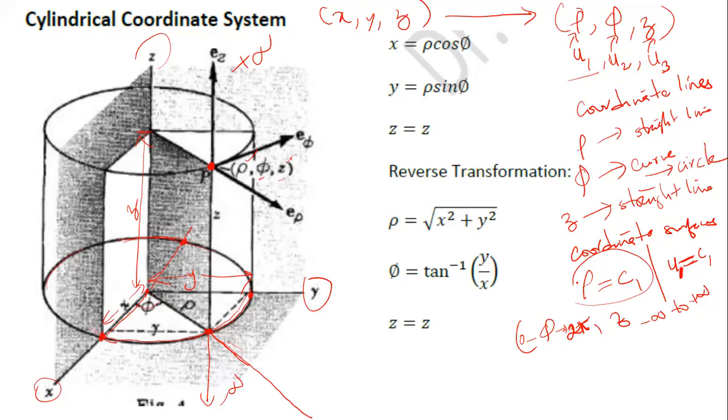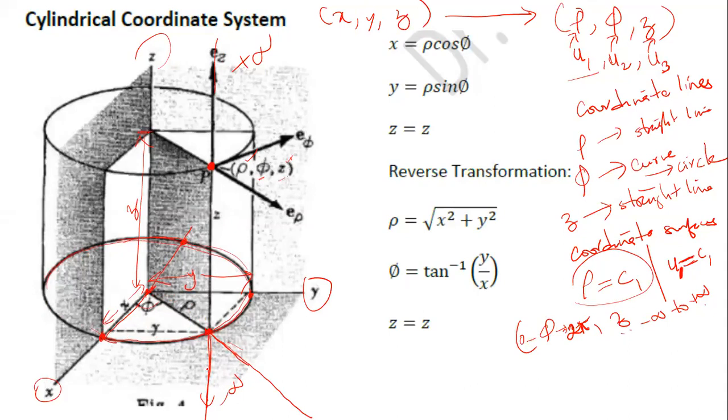If you can picture, varying Z between minus infinity to plus infinity means the Z value can go from minus infinity to plus infinity along this line. And varying phi between 0 to 2 pi will trace out a circle. So if you fix the value of rho at this point and vary phi from 0 to 2 pi, you will trace out a circle.